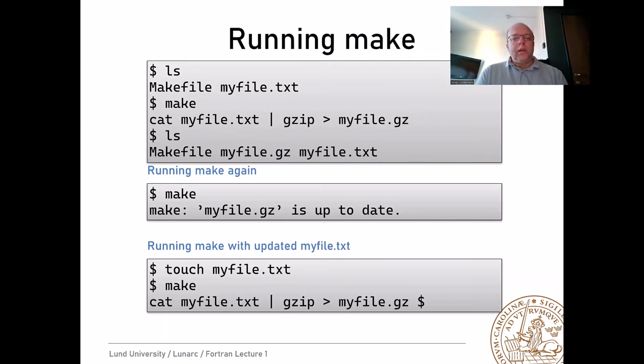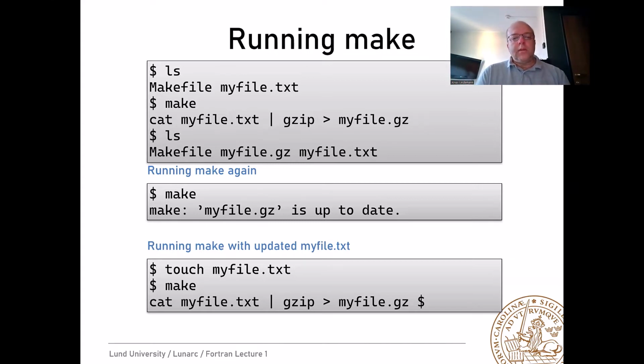Running this here: the rules in Make you place in something called a makefile. It can be any file name, but if you place it in a file named Makefile with an uppercase M, it will automatically use that file. Otherwise, you have to specify with -f which makefile to use.